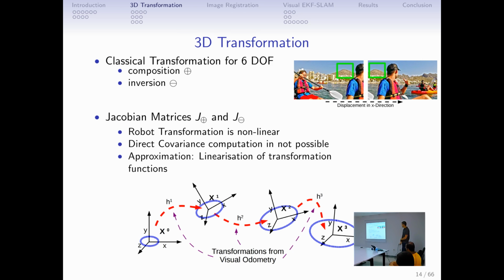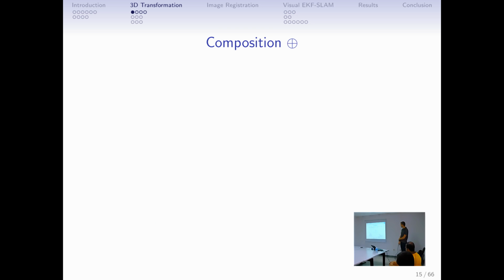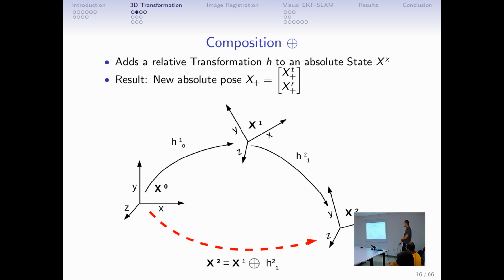Also, with the 3D transformation, we have to derive the Jacobian matrices to these two functions. Because the robot transformation is non-linear, this means we cannot directly compute the covariances. So we have to use the Jacobians and the Taylor series of the first order to get an approximation. So first of all, the composition can be seen as a function with two areas.